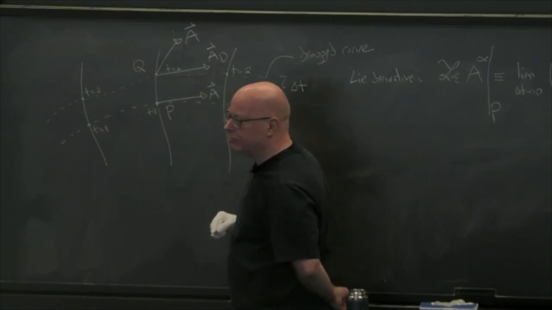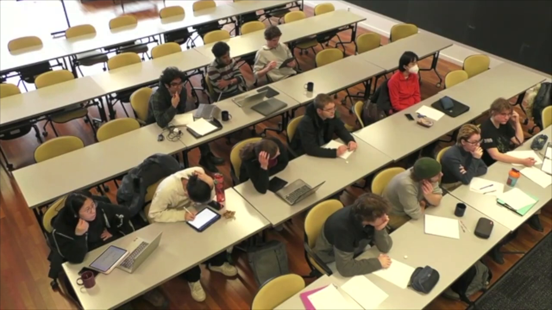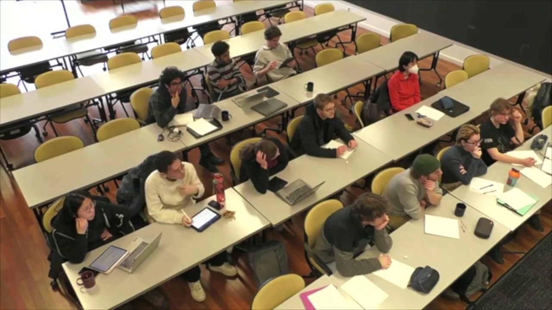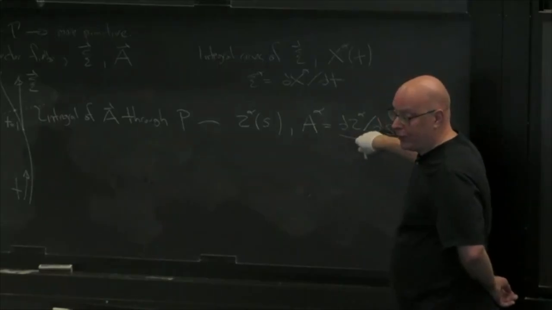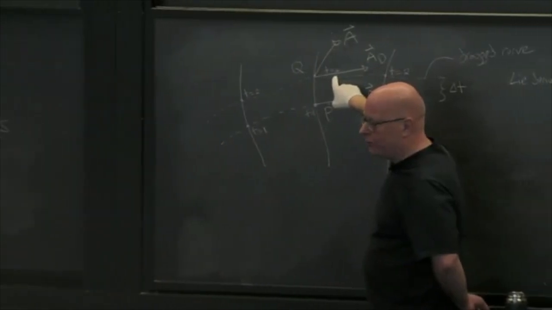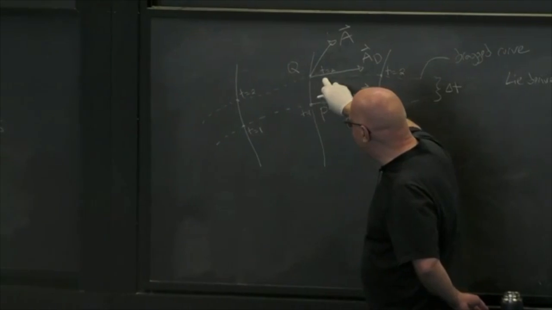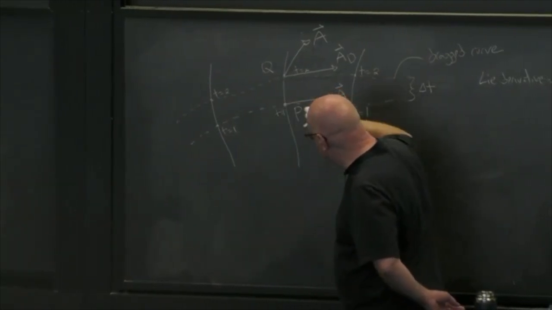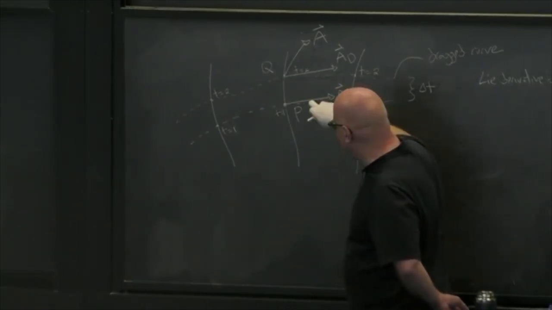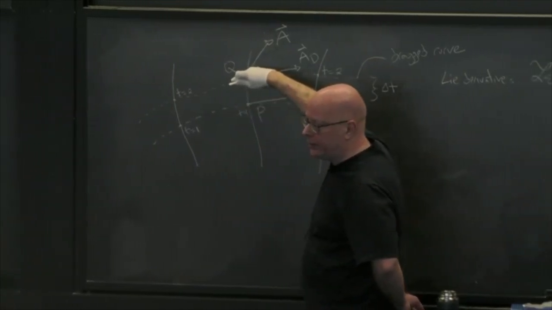But isn't A defined as dz over ds, so it has to be tangent? So that defines the integral curves. Right. So we have the vector field everywhere, and we also have with it the integral curves. That drag curve is not an integral curve of the original vector field through Q. That integral curve would be tangent to A. The drag curve is the one that I get from the original integral curve at P that I've dragged forward by a delta t.